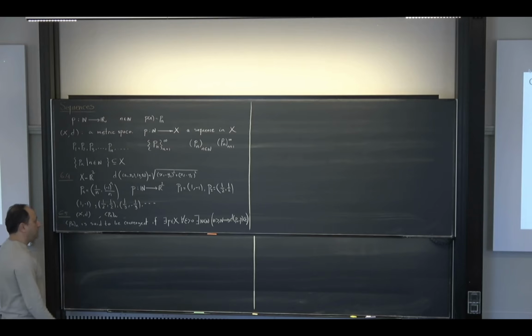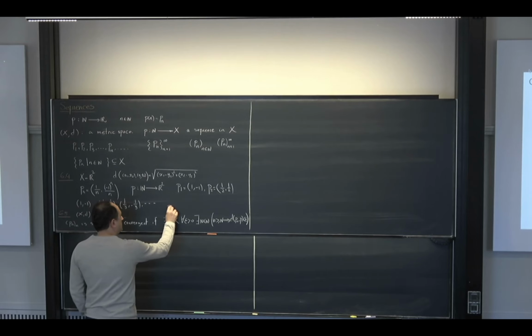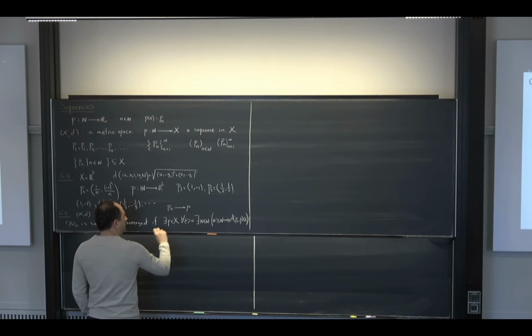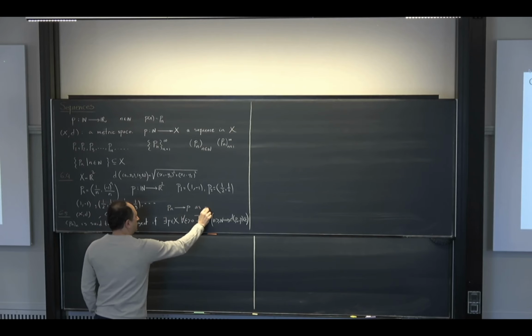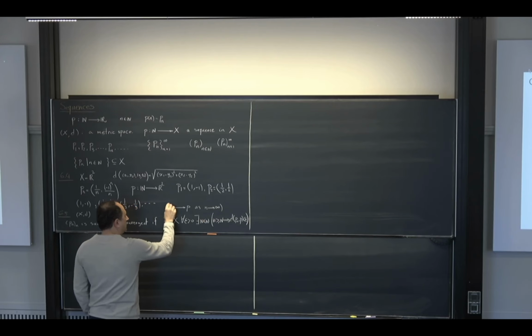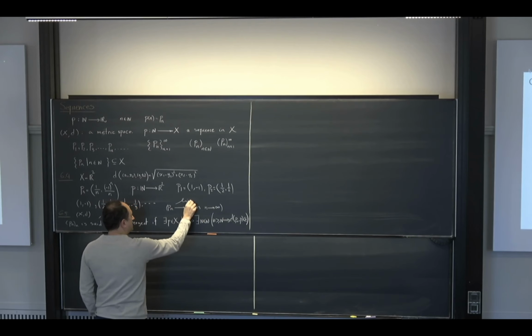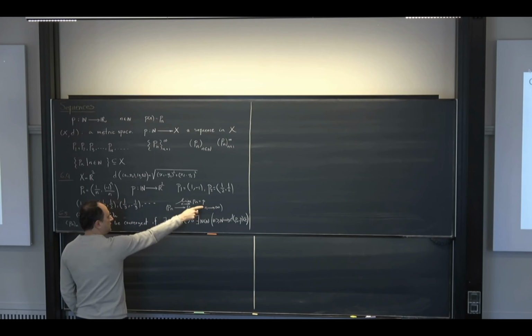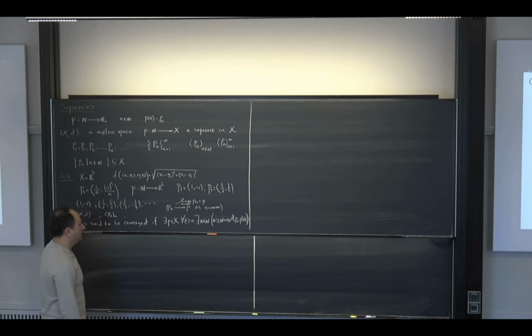Okay, and if that is the case, I usually say that Pn goes to P as n goes to infinity, or we simply say that the limit of Pn as n goes to infinity is P, and I don't even need to write infinity, I can just write simply an n there.